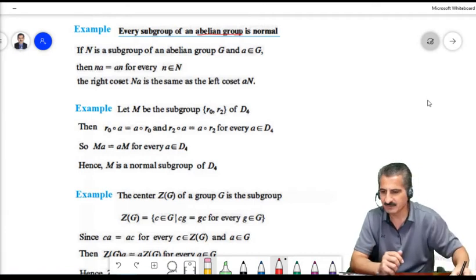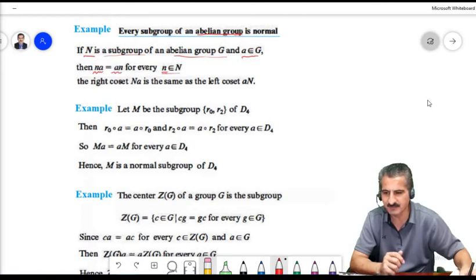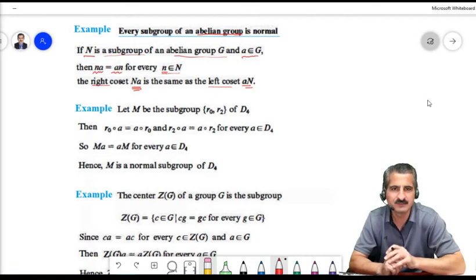So if N is a subgroup of an abelian group G and A is any element, then NA equals AN. And that means the right coset is the same as the left coset. So every subgroup of an abelian group is a normal subgroup.